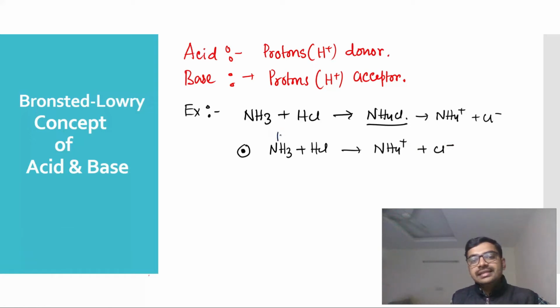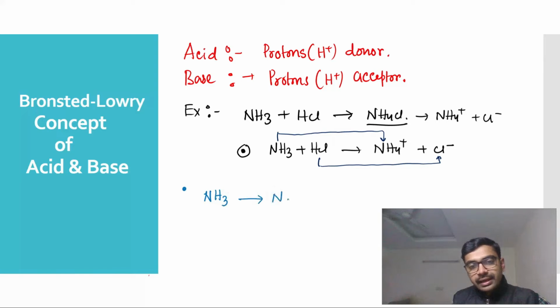Now if you see the change of ammonia, NH3 changes into NH4 plus and the HCl molecule changes into the Cl minus ion. That means the NH3 molecule accepts one H plus ion and changes into NH4 plus. So here ammonia behaves as an H plus ion acceptor, that means proton acceptor.